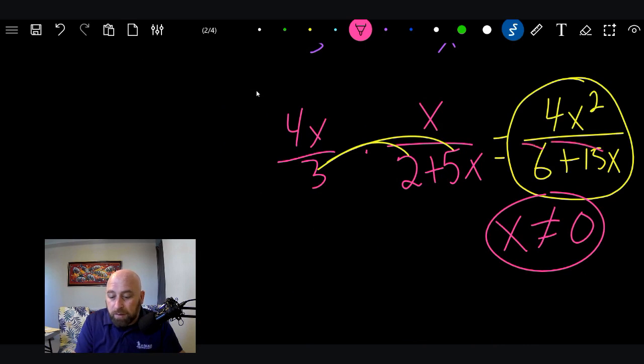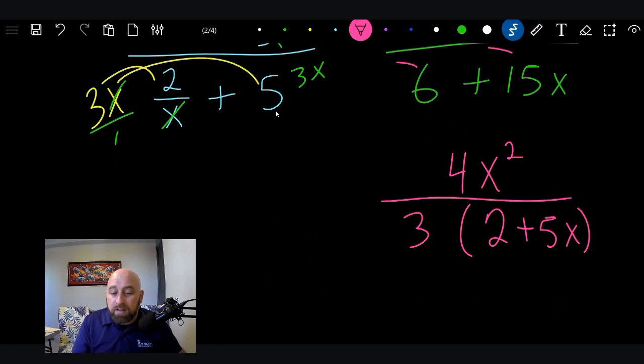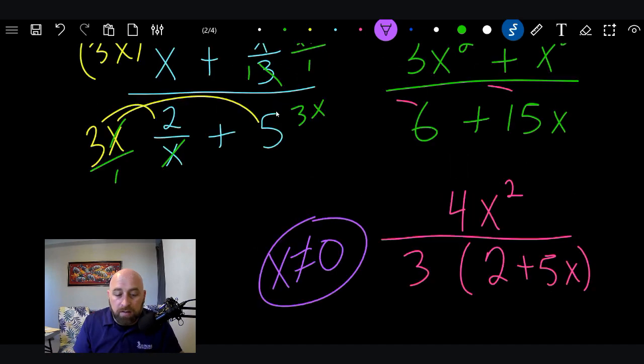You don't have to pull out the 3 there, but you can if you want to fully factor it. It's probably a better answer if you fully factor it. And one thing to notice here as well, we have an x in the final answer, so that x cannot equal 0 again. Anytime you get that in the denominator, you can't have that.